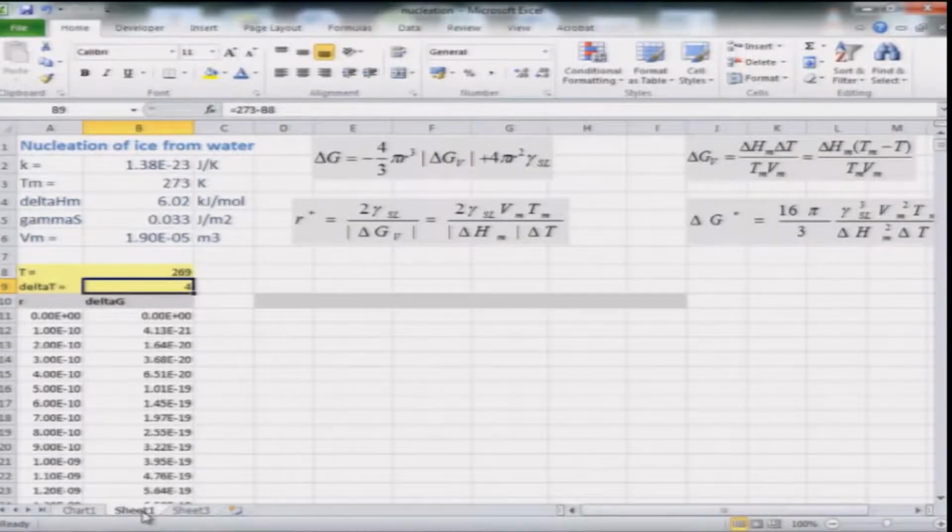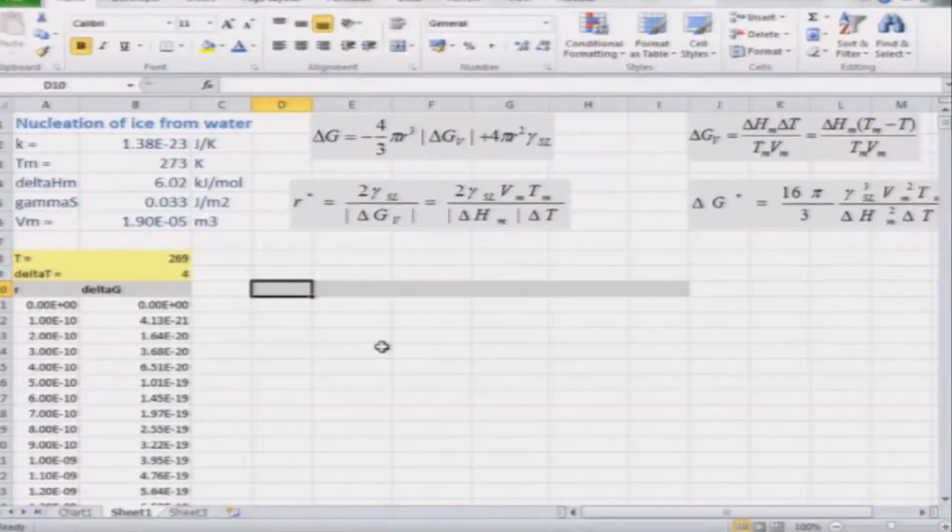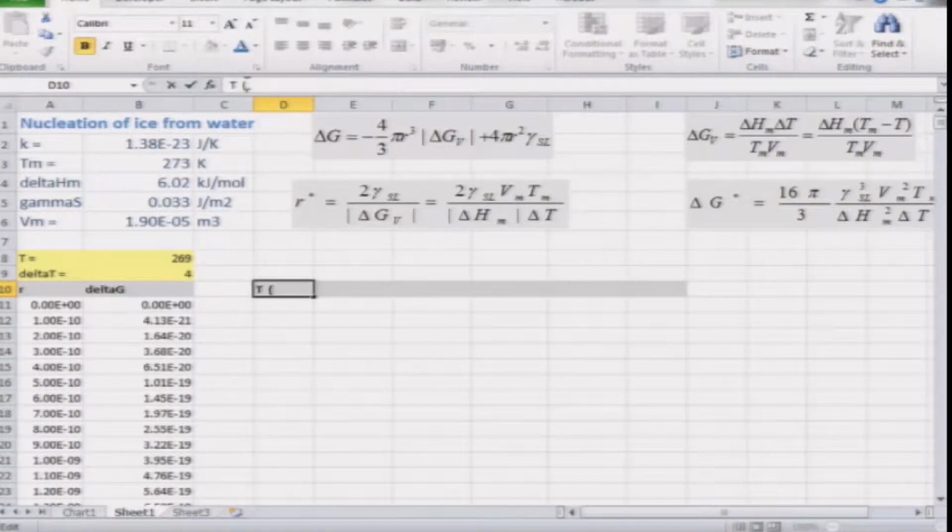So, what we will do is we will do some more calculations on this spreadsheet. So, let me write the temperature here, temperature of transformation, that this is in Kelvin, the temperature, and let me first find out R star, whose value will come out in meters.